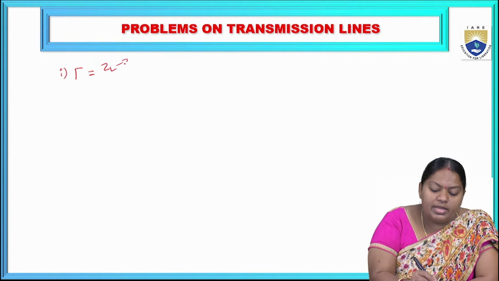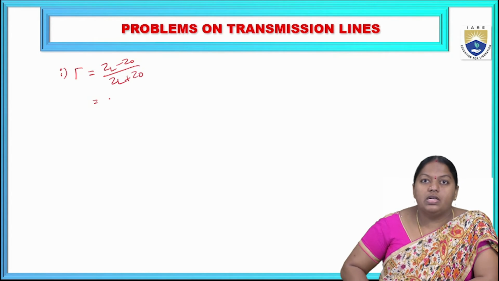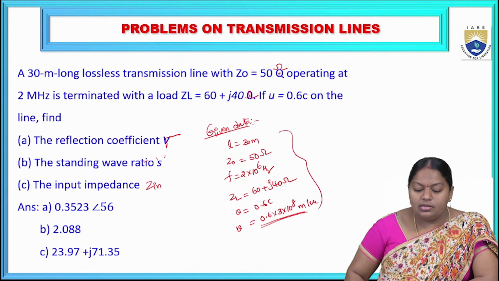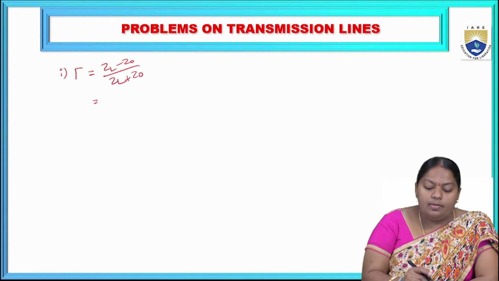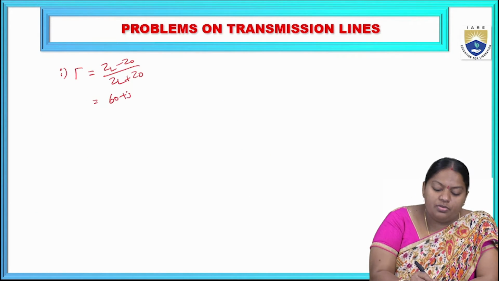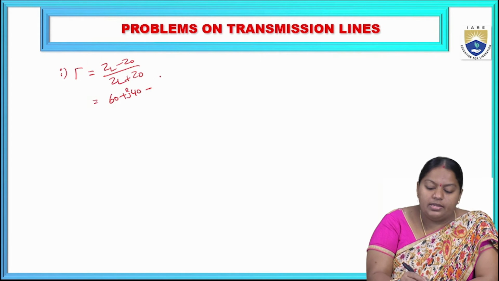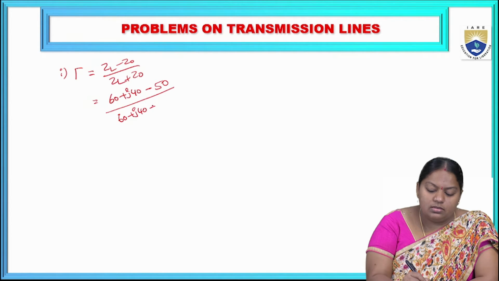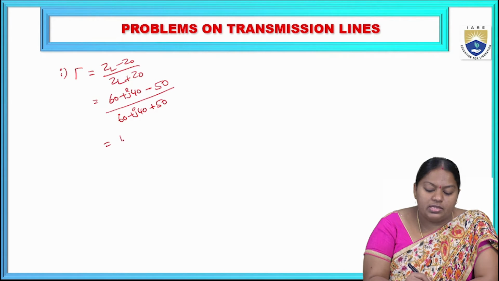The reflection coefficient of a transmission line is given by gamma equal to (ZL minus Z0) by (ZL plus Z0). ZL is given as 60 plus J40 and Z0 is given as 50, so we get (60 plus J40 minus 50) by (60 plus J40 plus 50), which is equal to (10 plus J40) by (110 plus J40).